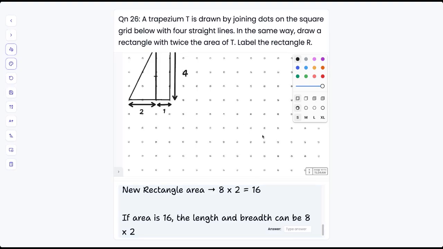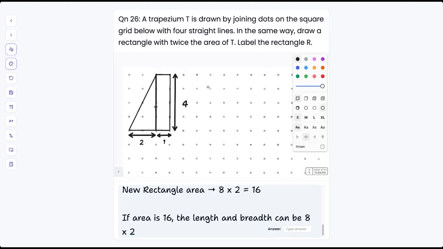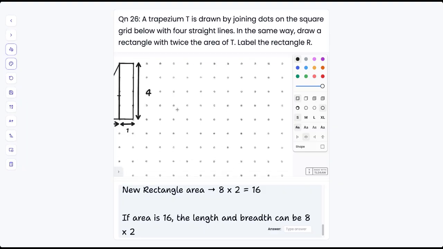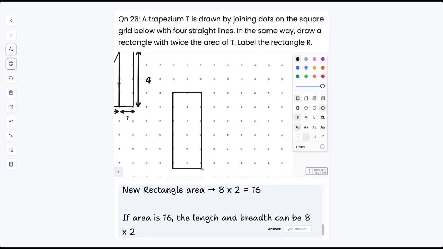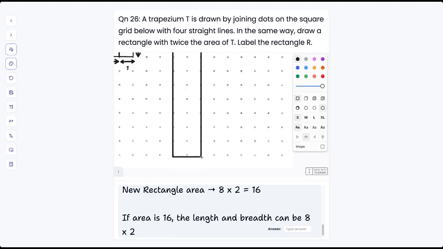So what we're going to do is draw the rectangle. It can be anywhere. We have 1 and 2, so 2 gaps, and then we can just draw the 8: 1, 2, 3, 4, 5, 6, 7, and 8.